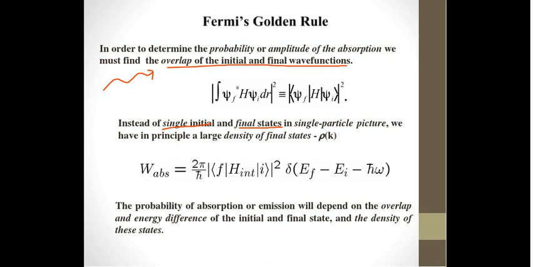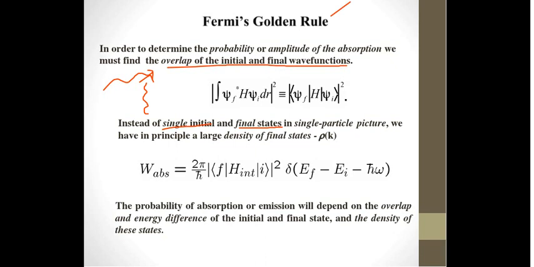The wave functions are for the initial state and final state of a single particle. That means a movement of an electron from the initial state to the final state, and that is given by Fermi's golden rule.